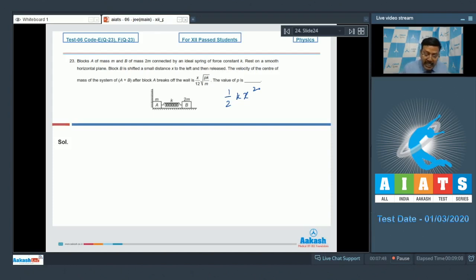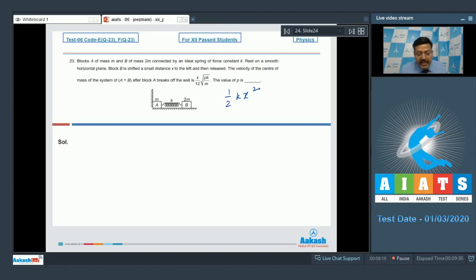Now, as long as the spring has not come to its natural length, block A will remain at rest, and after that only A will start moving. So we have A at rest throughout this duration. When the spring regains its natural length, after that moment only, A will start moving.